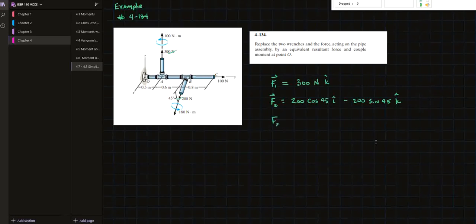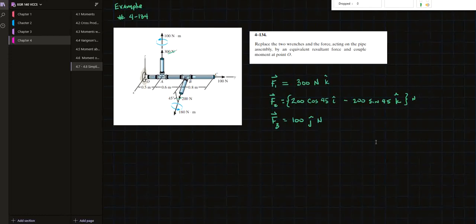And we have a final force here, which is just 100 in the J direction. These are all newtons. Put a newton here and a newton here.